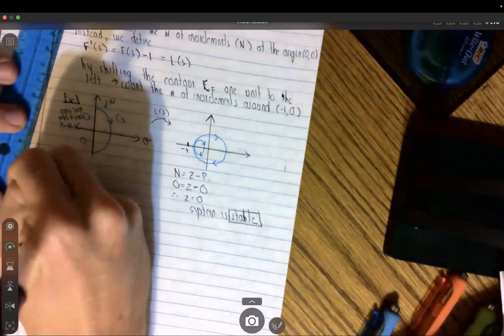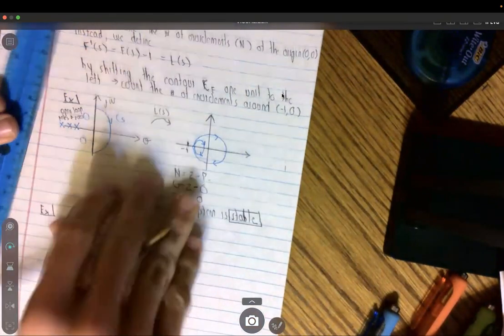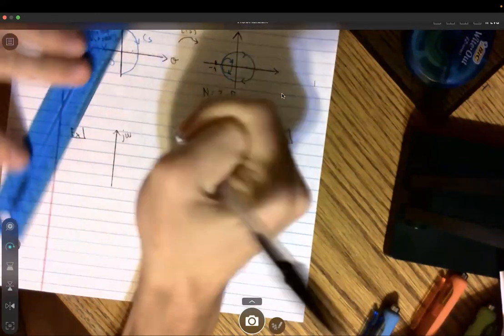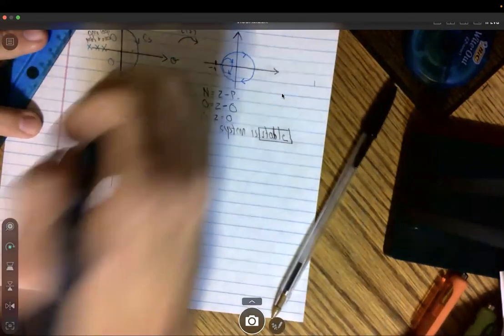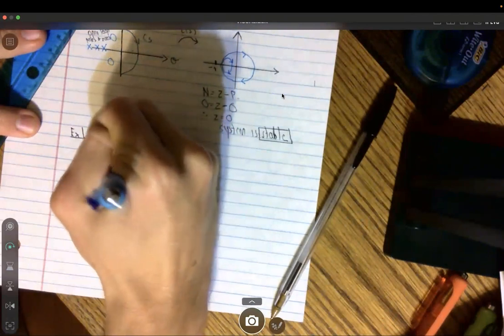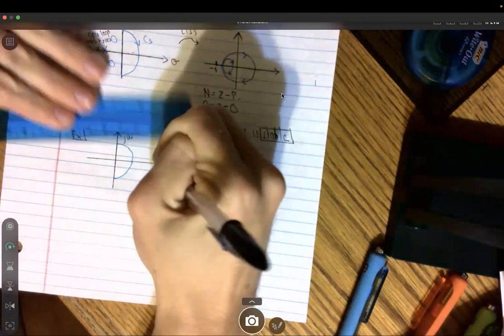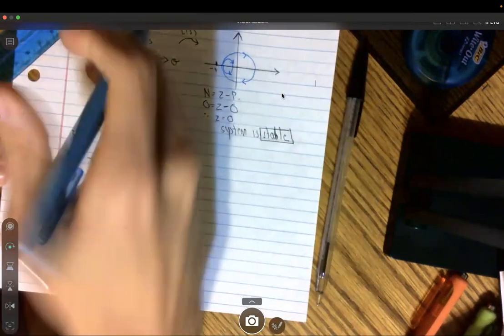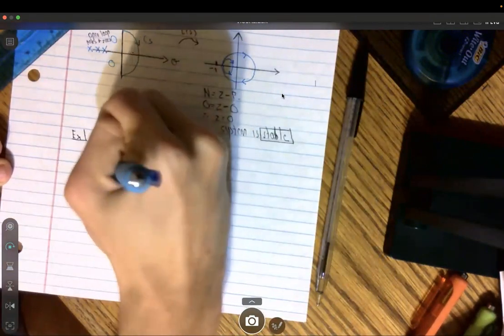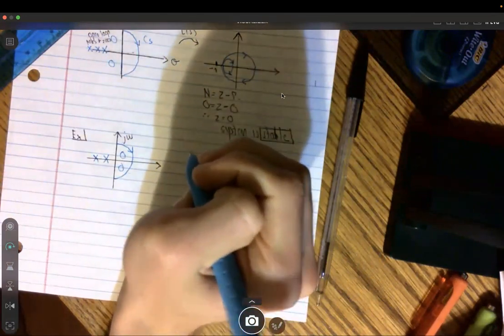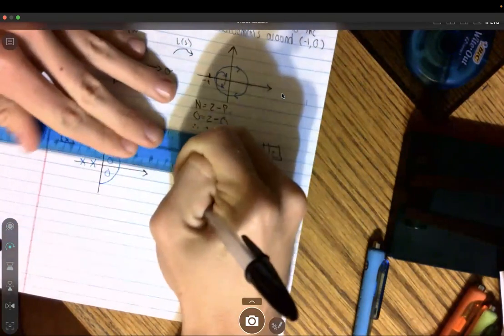Let's look at another example. Okay. Here we've got our j omega, and here we have our contour. The origin is right around here, and we have open loop zeros and open loop poles. Notice our encirclements here.